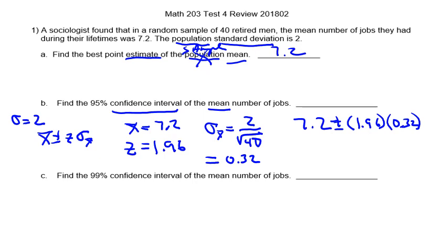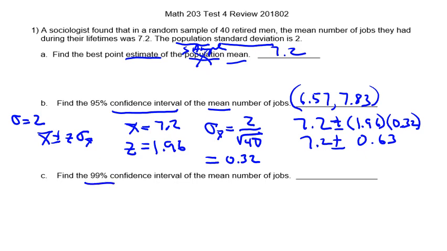You can do the math from here, but the actual interval will be given by, well, I'll put the plus or minus here for you, 0.63. Okay, so the actual interval is 6.57 to 7.83. Problem number 2.